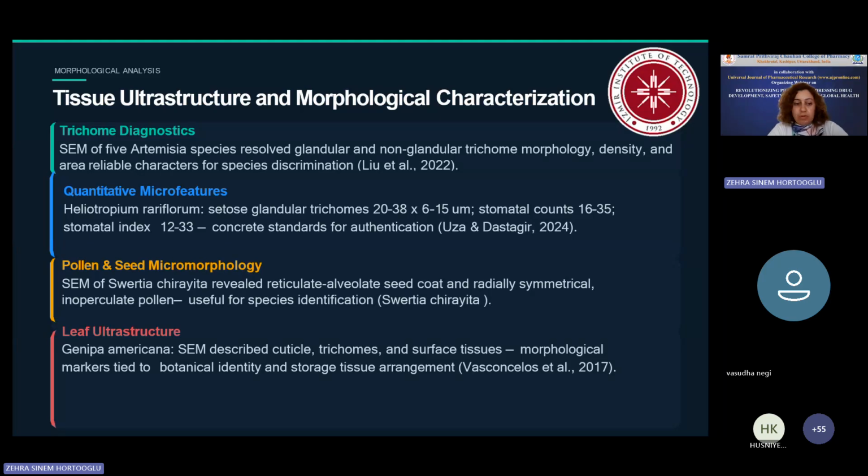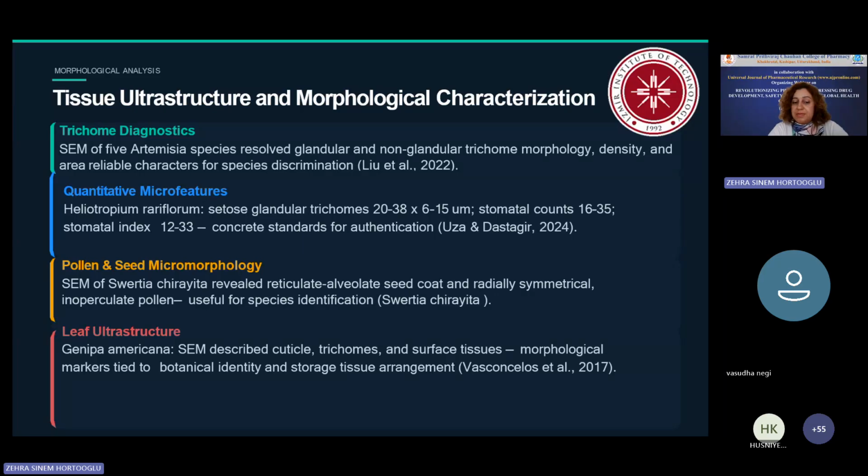Pollen and seed micromorphology: SEM, for example of Swertia ciliata, revealed a reticulate-alveolate seed coat and radially symmetrical inaperturate pollen, useful for species identification. Leaf ultrastructure: in Genipa americana, SEM described cuticle, trichomes, and surface tissues.